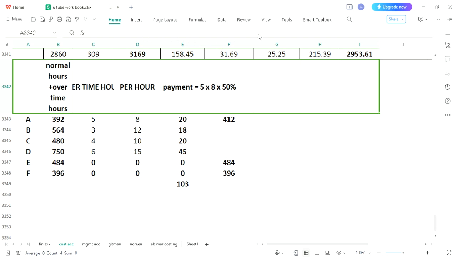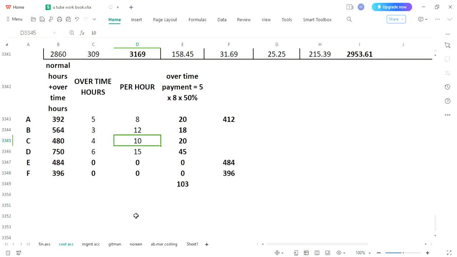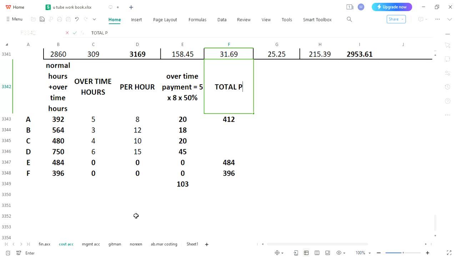Let's wrap it up. Now here you will be calculating your total pay. How? By adding your pay and overtime pay.